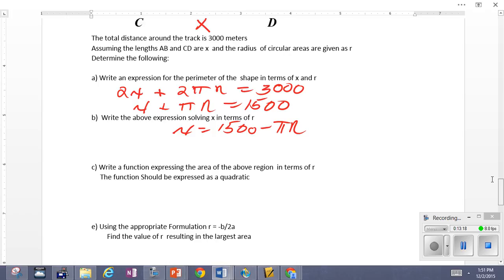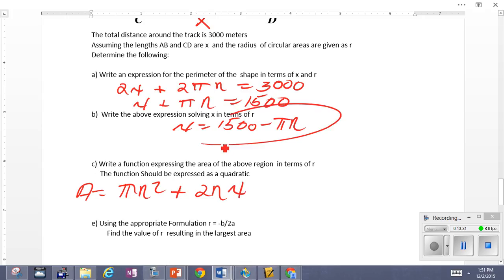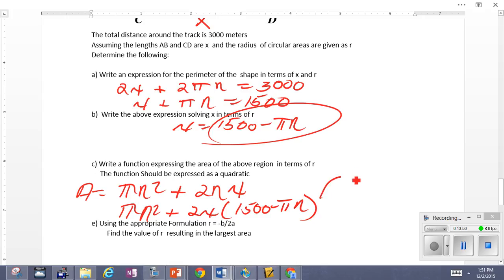So the area formula is pi r squared plus 2rx. Enter this value of x: pi r squared plus 2 times r times 1,500 minus pi r. Okay, so that is said to be quadratic. Let's make it look a little bit more definitively quadratic.